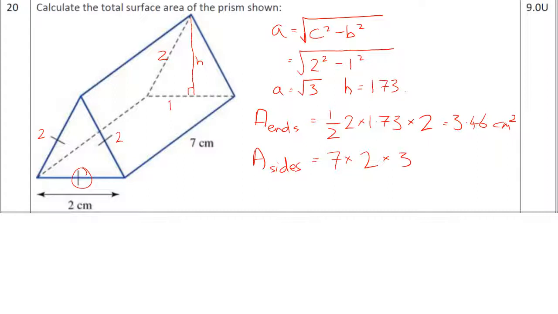So 7 times 2 times 3, giving us a total of 42 centimeters squared for the area of the sides, which means that our total area is just those two numbers added together, 3.46 plus 42. We get, I think it rounds to about 45.5 centimeters squared. Whoops, how embarrassing. Sorry, centimeters squared because it's area.